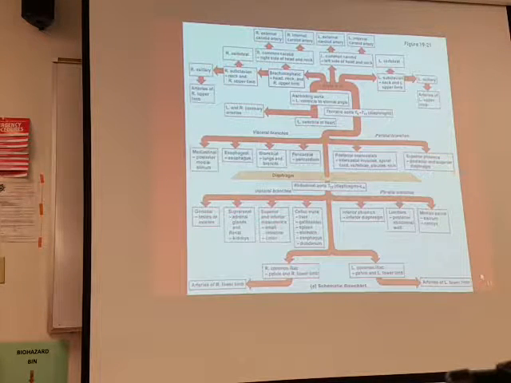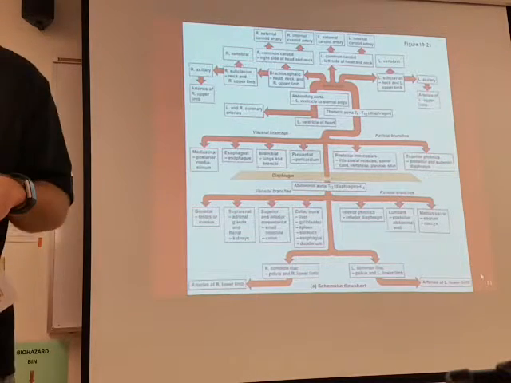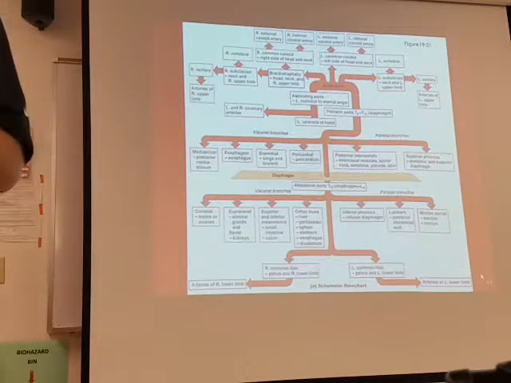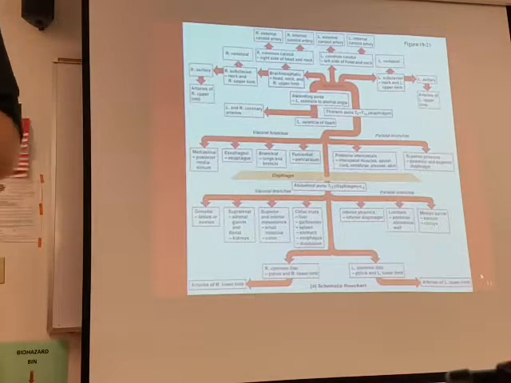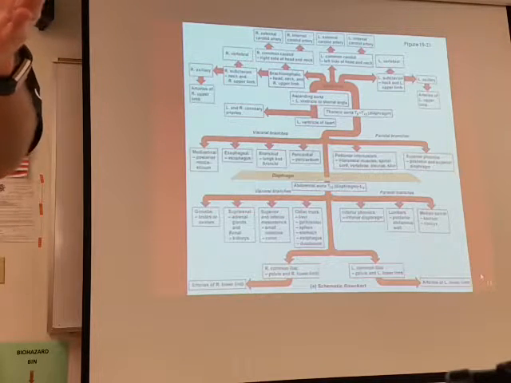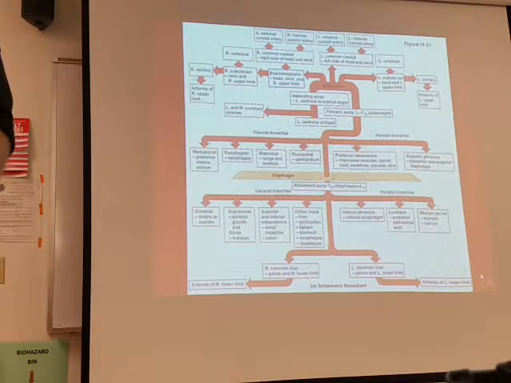Next is arterioles. Their nickname, resistance vessels. Why are they called the resistance vessels? Because they have the smallest diameter. And this is where we see the biggest change in diameter as you transition from small arteries to arterioles.